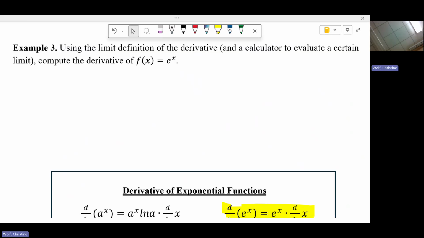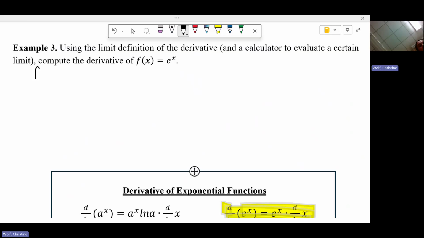Okay. If you don't have it, that's okay, because you can just manually type in that number. No big deal.